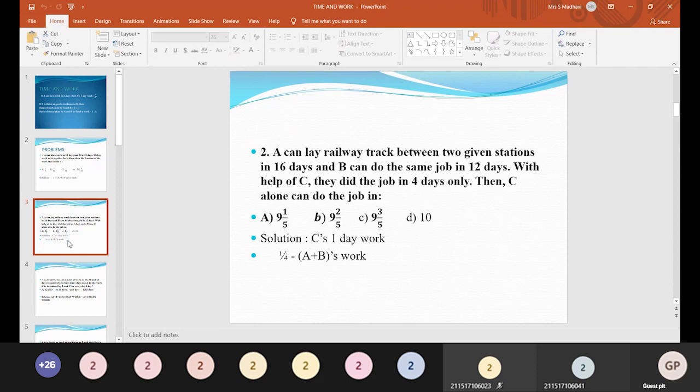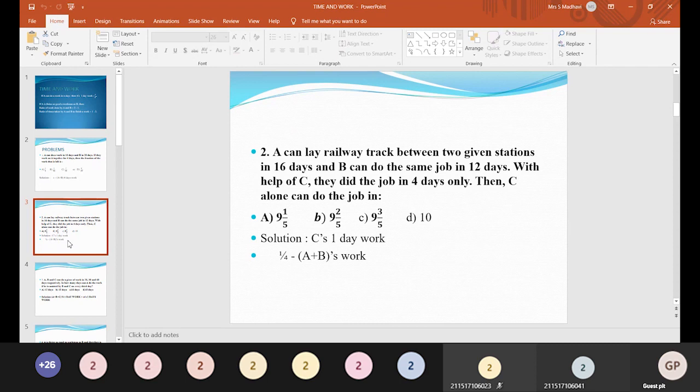A plus B plus C's 1 day's work is 1 by 4. Then C's 1 day's work is 1 by 4 minus (1 by 16 plus 1 by 12), which is 1 by 4 minus 7 by 48, which is equal to 5 by 48. This is C's 1 day's work.